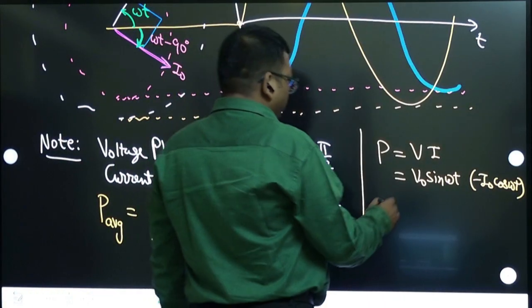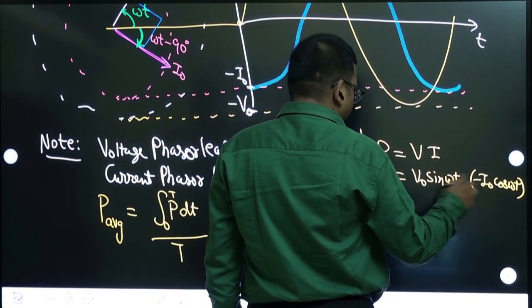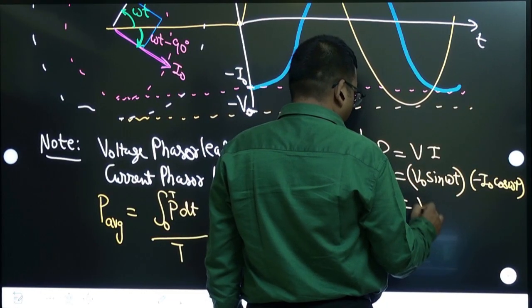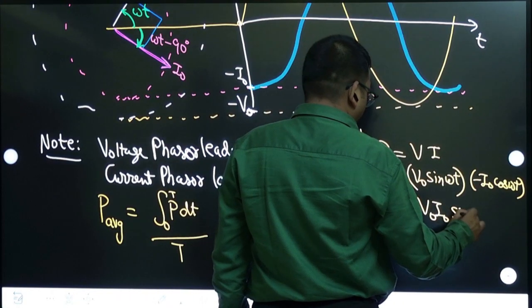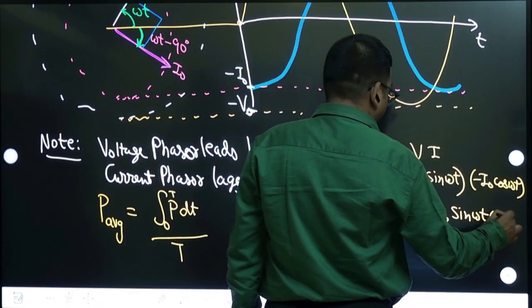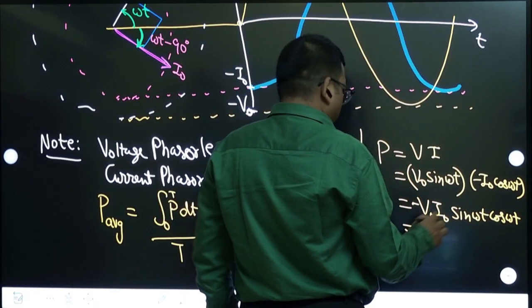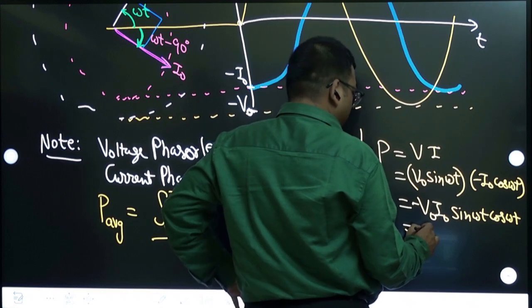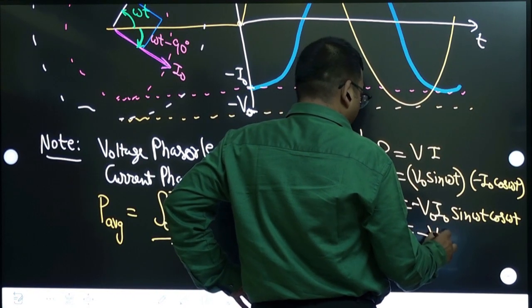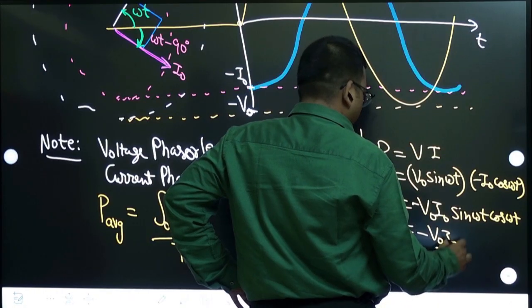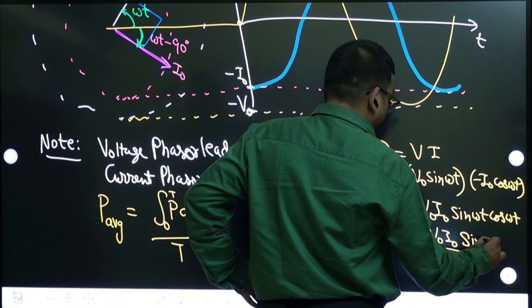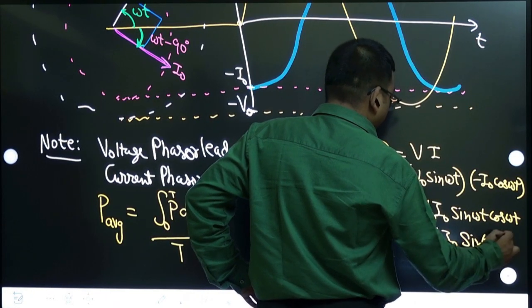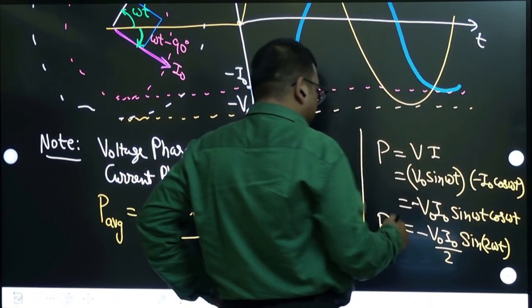Substitute this, so we get minus V naught I naught sin omega t cos omega t. Now divide by 2, multiply by 2, so it becomes minus V naught I naught by 2 times 2 sin theta cos theta, which becomes sin 2 theta. So this is the instantaneous power.